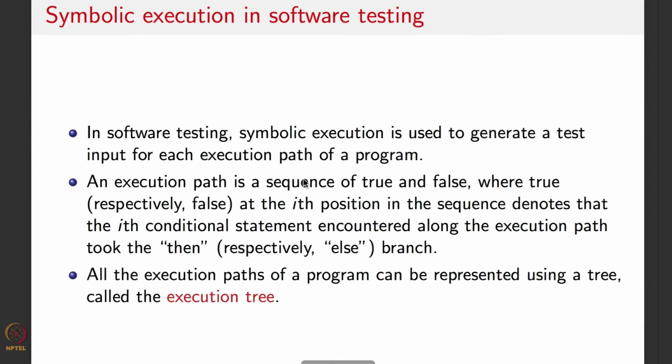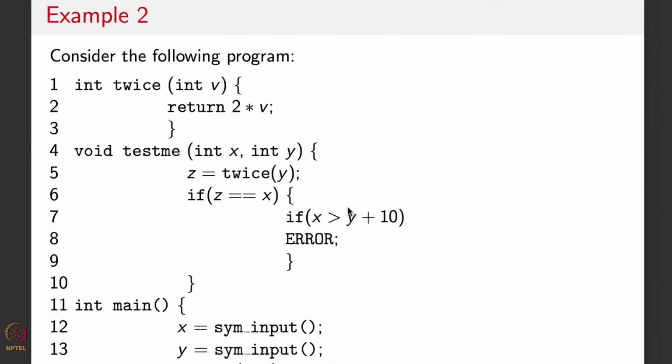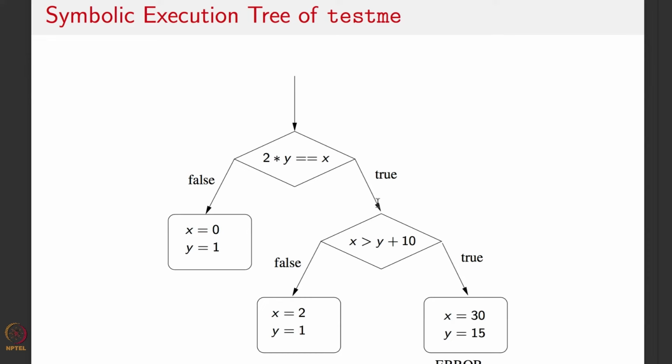For example, if I go back here, there were two path constraints, one for this if and one for this if. Till I come here, the path constraint is true, and then I'll do true and z is equal to x for one, and I'll do true and not of z is equal to x. So true and z is equal to x will make this take the true branch.